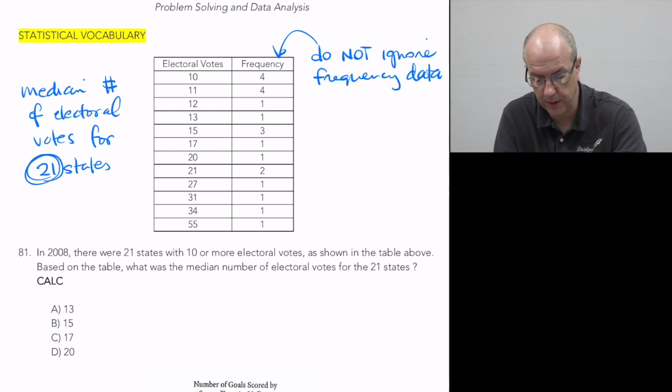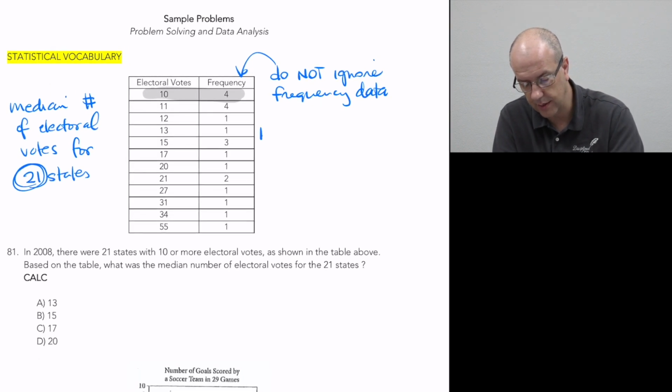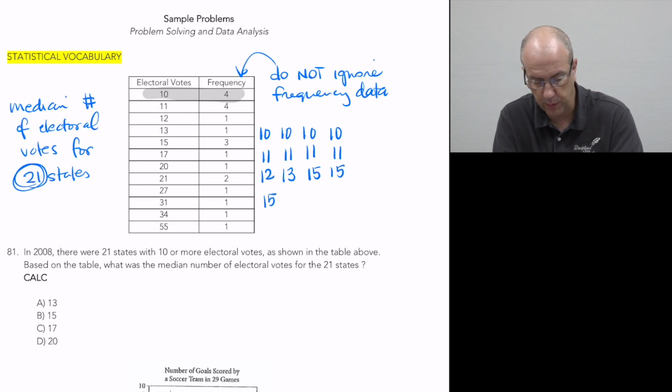So if we do the first one, it says there are 4 states with 10 electoral votes. So I'm supposed to write those out and say there are 4 10s, right? And then there's 4 11s. And there's only 1 12, and 1 13, and 3 15s, and so forth, right? And bear with me while I write all these out.